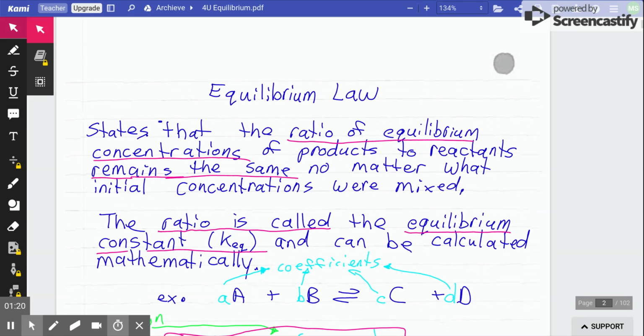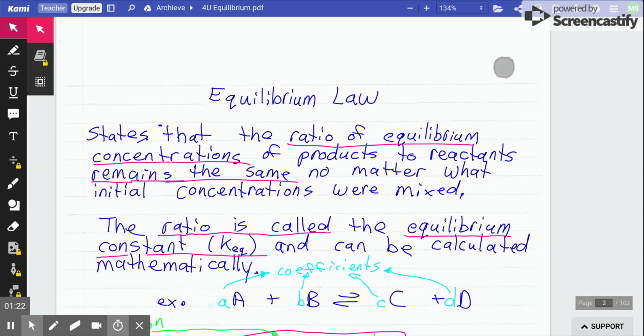So to do that, we're going to look at a fake example where we have A plus B in an equilibrium with C plus D. And all of them have a coefficient in the light blue color. That's their small letters. So there is small letter a amount of big A in the equilibrium.